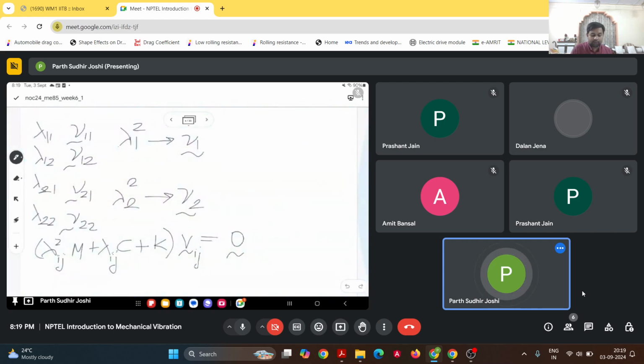So what we have is that each vector Vij is essentially a set of y1 and y2, corresponding to each lambda eigenvalue that we get. So this is for the ij index.